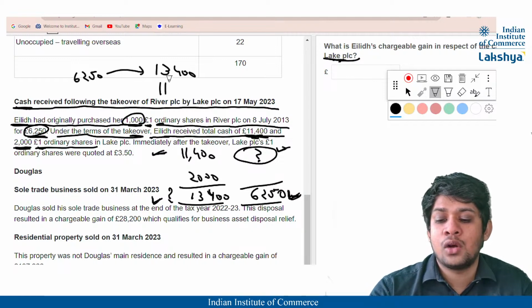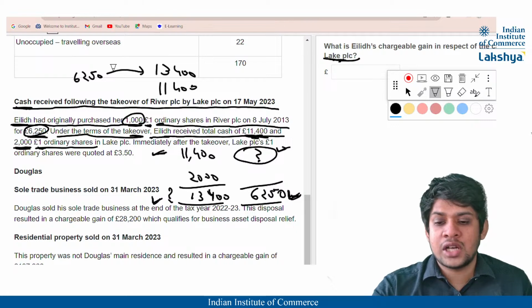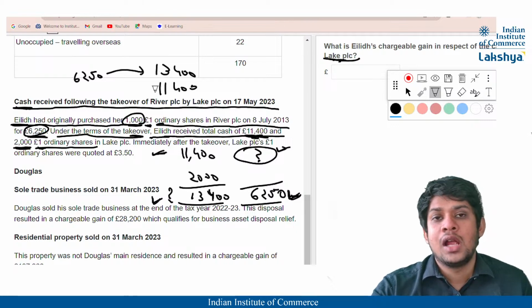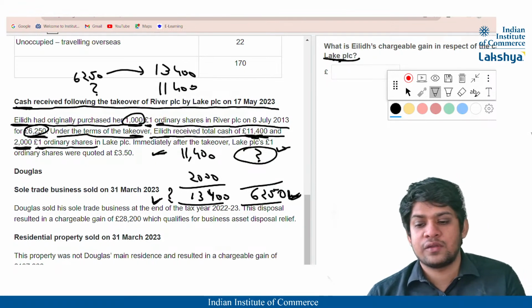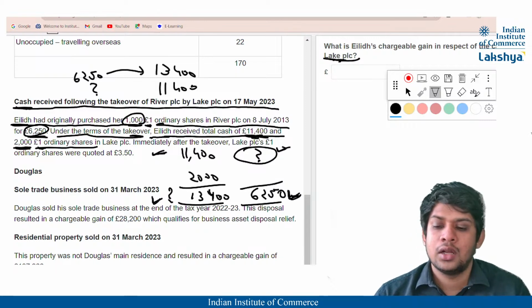But we have to identify the cost for the market value of 11,400 cash received. So if the market value of the total shares is 13,400 and the market value of the shares disposed of is 11,400, what is the cost of the shares which is disposed of, so that we can then identify the chargeable gain?